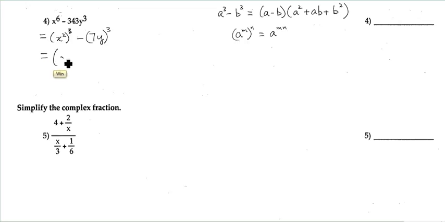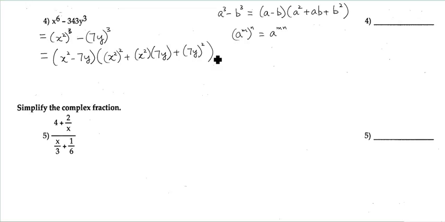We will have x squared minus 7y times, open parenthesis, x squared squared plus x squared times 7y plus 7y squared, close the parenthesis.